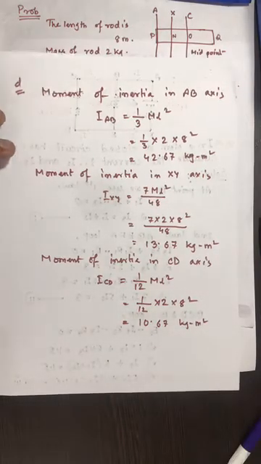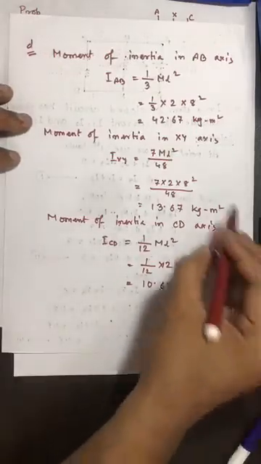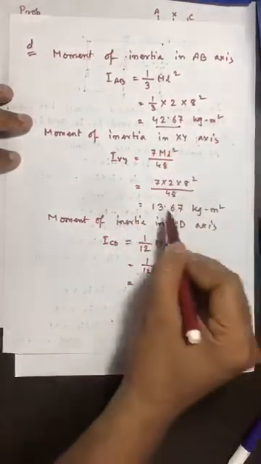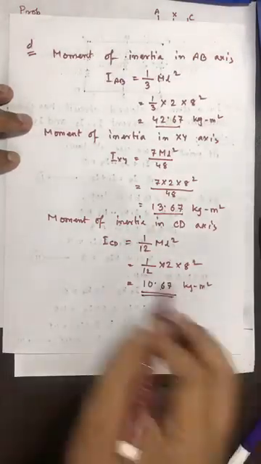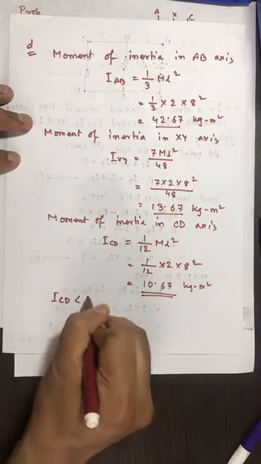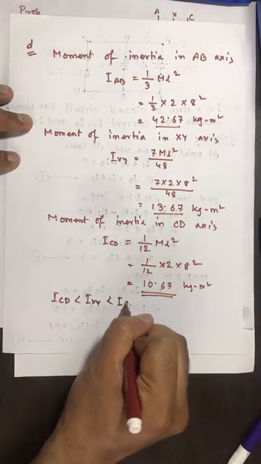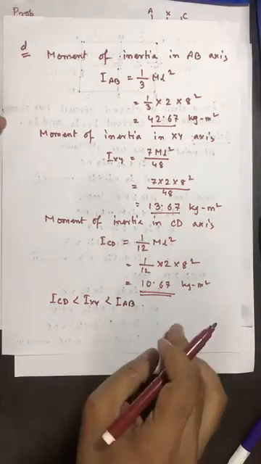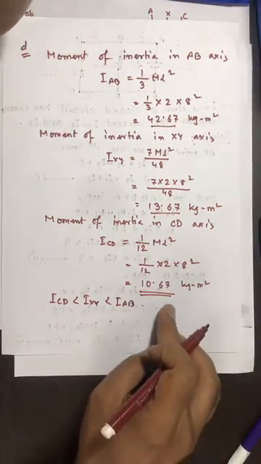Okay, this is what we see here. The moment of inertia about the AB axis is very high, about XY is in the middle, and about the CD axis is very low. So ICD is less than IXY, which is less than IAB. In the axis where the moment of inertia is less, it is easier to rotate.